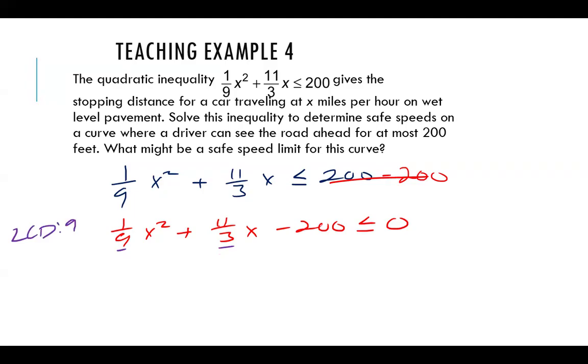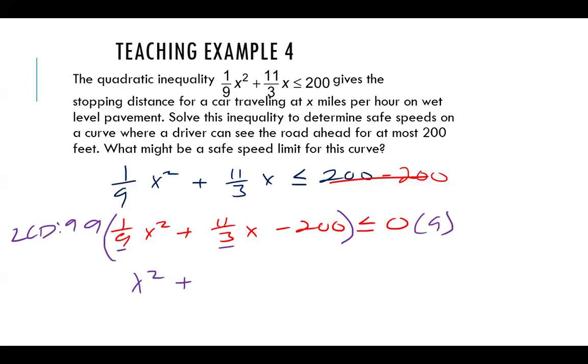Does that make sense? The purpose of that is because you can multiply everything on the left by 9 and everything on the right by 9, and that's going to eliminate your fraction. Okay? So 9 times 1/9 is 9, because 9 times 1 is 9. 9 divided by 9 is 1.